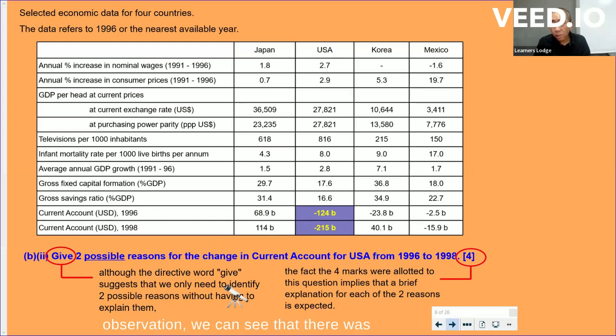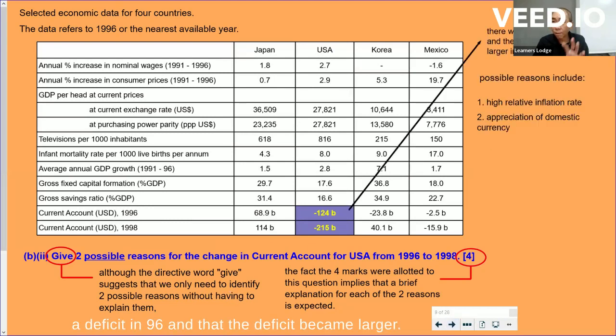So based on this observation, we can see that there was a deficit in 96 and then the deficit became larger. And you're supposed to come up with 2 reasons. The fact that they ask for possible reasons means that any reasonable reason would be acceptable as long as it's not an unreasonable reason. After that, you need to just provide a brief explanation. Now, how brief is brief? Well, let's look at an example.